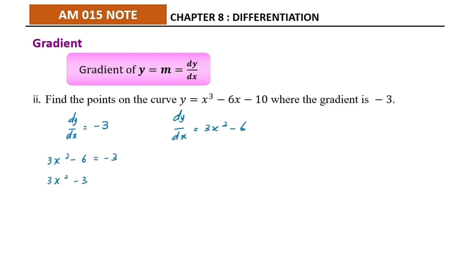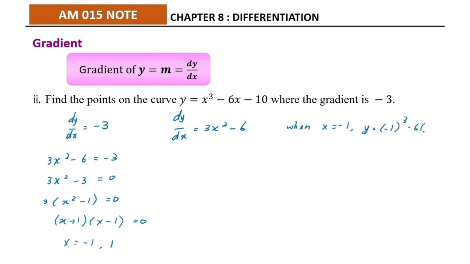3x squared minus 3 equal to 0. x squared minus 1 equal to 0. (x plus 1)(x minus 1) equal to 0. So x equal to negative 1 and 1. When x equal to negative 1, y equal to negative 1 cubed minus 6 times negative 1 minus 10 equal to negative 5.